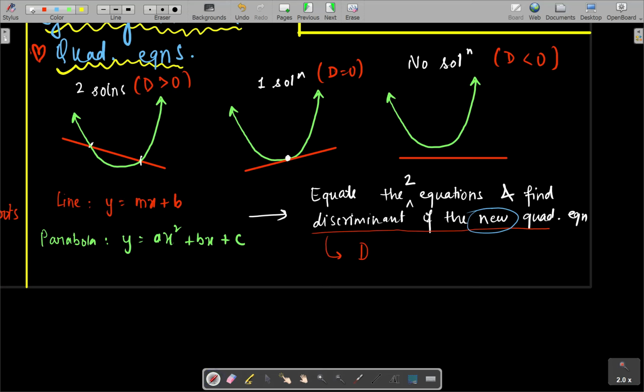So you equate the two equations. You put mx plus b equal to ax squared plus bx plus c. Now this is actually a quadratic equation. You bring it into standard form. So you get ax squared plus bx minus mx plus c minus b is equal to 0.